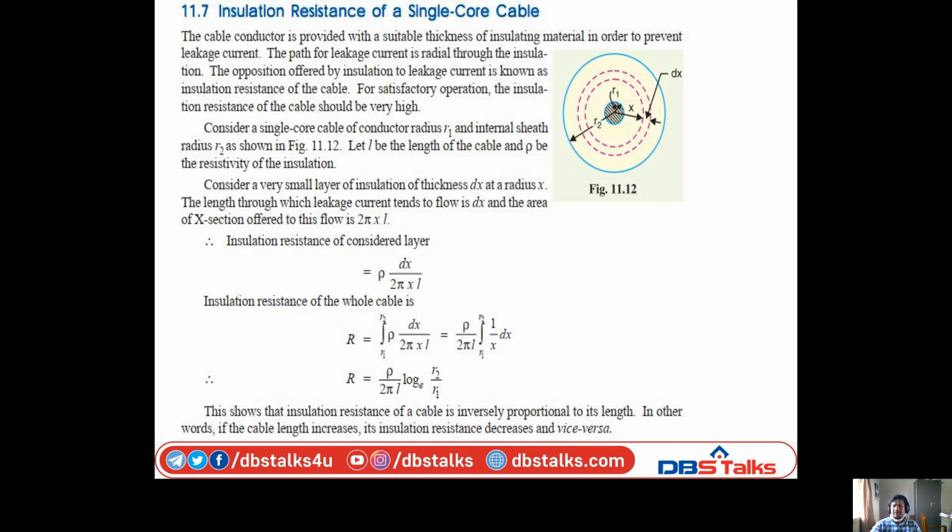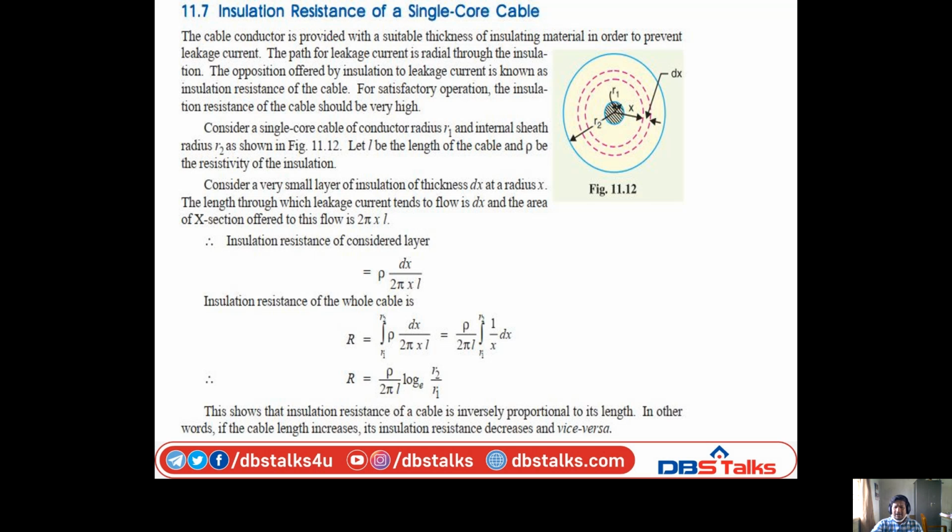Now the opposition offered by the insulation to leakage current is known as the insulation resistance of a cable.